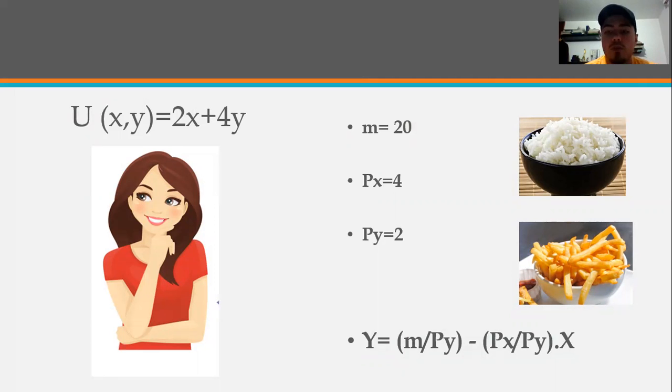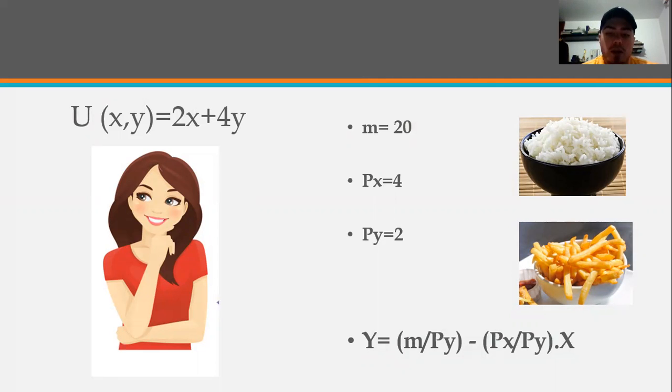So for this customer, there is more utility in spending all his resources, his income, on fries instead of the other one, that is rice. His income is 20, the price of X is 4, and the price of Y is 2. Then we start with this formula.